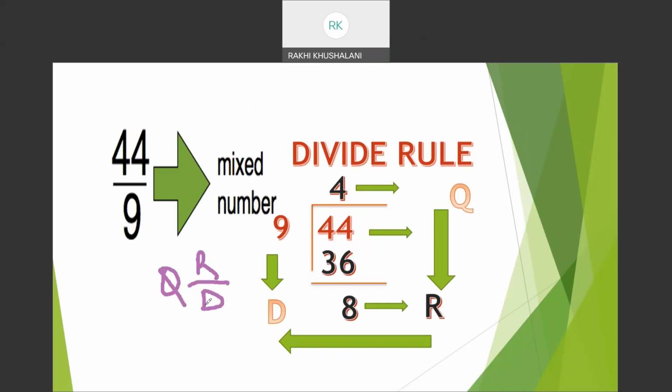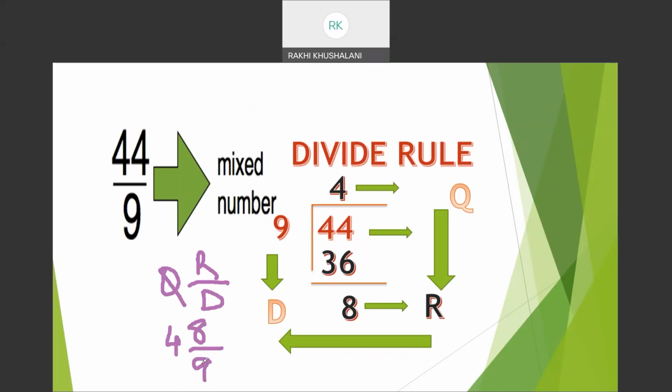So what is my Q? My Q is 4. What is my remainder? 8. And what is my D? My D is 9. The denominator never changes, whether it's a mixed number or an improper fraction.